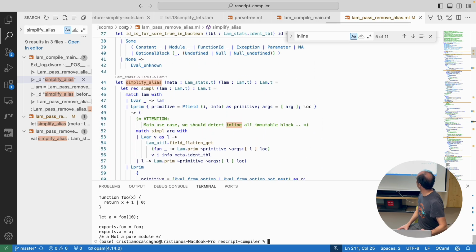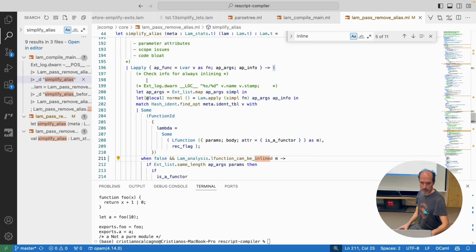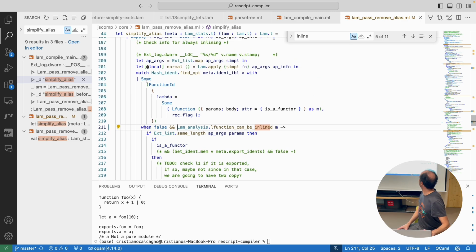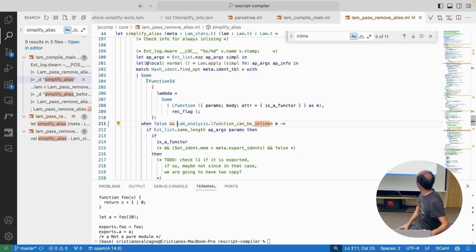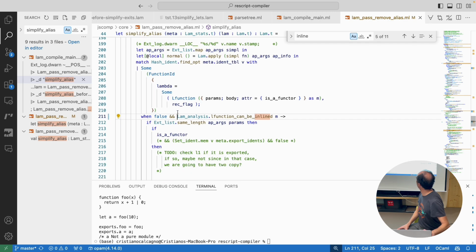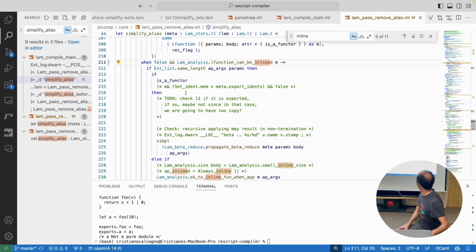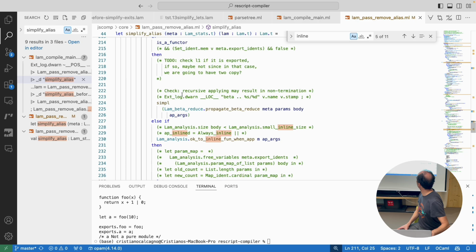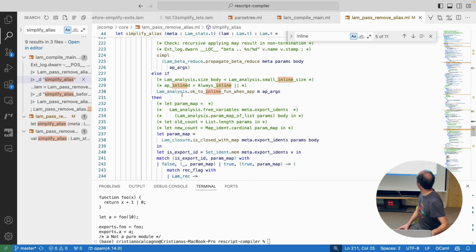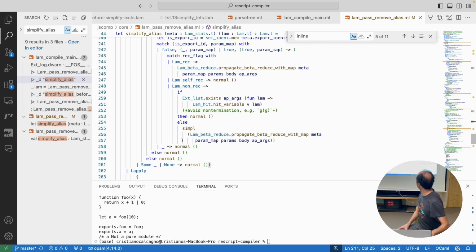Okay, that's the main simplification function. What is it doing? If it's a functor, it does something else. So this is probably where the inline takes place.